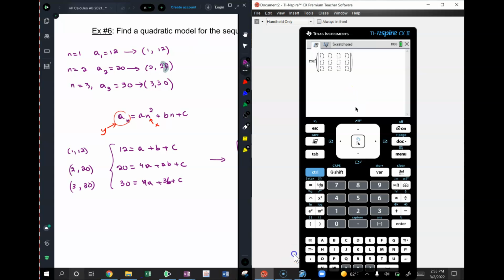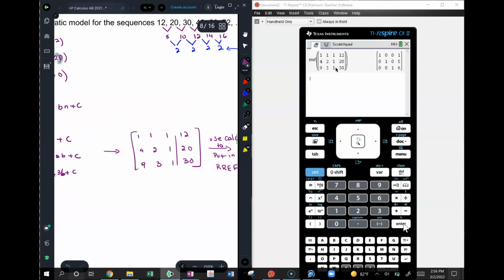So let's put in the numbers: 1, 1, 1, 12. Remember to press tab in between. Then 4, 2, 1, 20, then 9, 3, 1, 30. Reduced row echelon form, there we go.